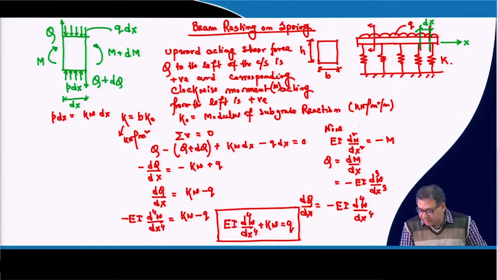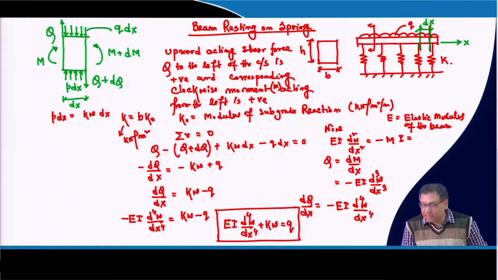Here E is the elastic modulus of the beam material and I is the moment of inertia. In this particular case, the I value will be B h cube by 12, where B is the width of the foundation and h is the thickness of the foundation.